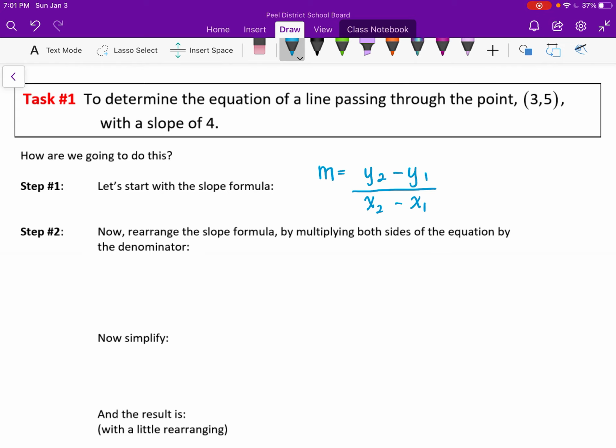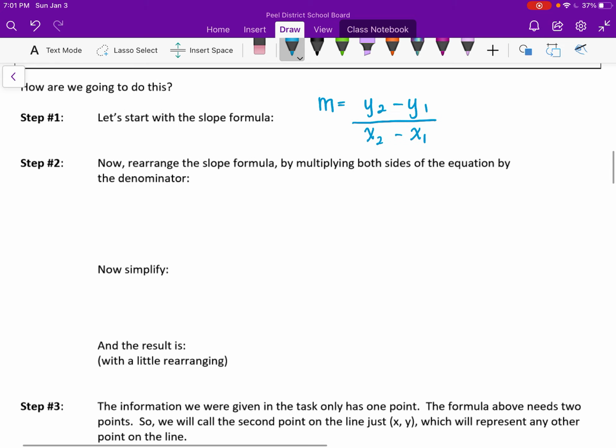And now step 2 says to rearrange the slope formula by multiplying both sides of the equation by the denominator. So what's the denominator here? We want to get rid of that. We want to get rid of the x2 minus x1.